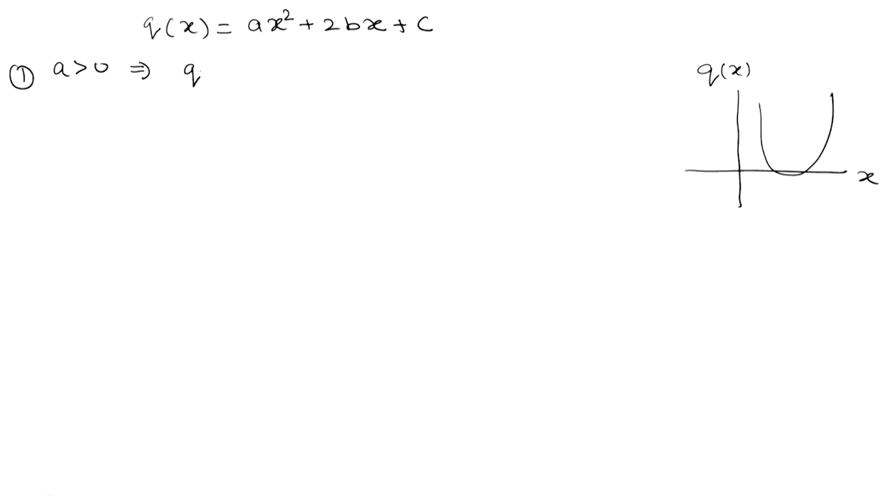So q dash x will become 2ax plus 2b, equal to 0, which gives x equals minus b upon a as the critical point.